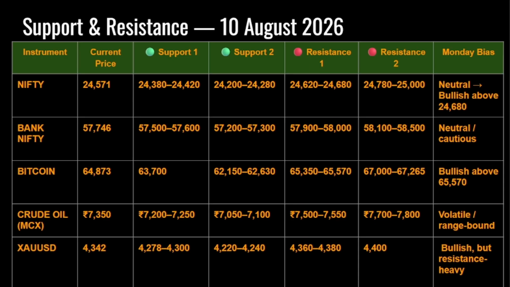On the upside, the first resistance zone is 4,360 to 4,380. The next resistance is around $4,400. The overall bias is bullish, but resistance is heavy. So traders should watch how price reacts around the 4,360 to 4,380 resistance zone rather than blindly chasing the market.